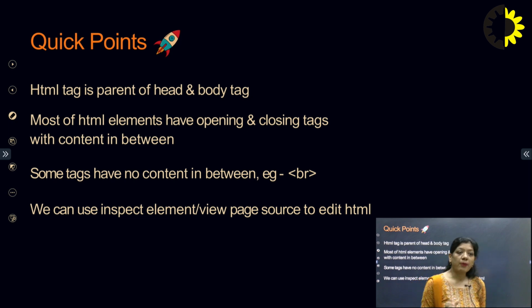So through the inspect option, we can check the overall structure and layout of any web page. And through the view page source, if we click on the view page source of any web page, then we can also set the dimension of our web page. So these two are very important points for students, so that they can check the basic HTML code and how we write the web page.